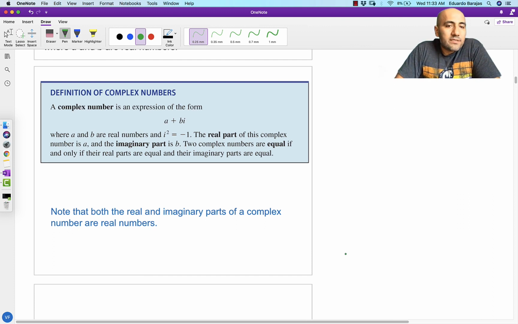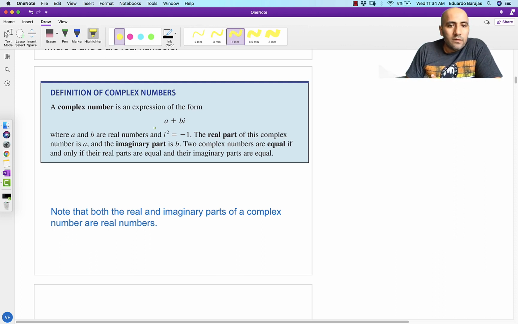Okay, so a complex number is an expression of the form a + bi, where a and b are real numbers, and i squared equals -1. The real part of the complex number is the a out in front, and the imaginary part is the b. Two complex numbers are equal if and only if the real parts are equal and their imaginary parts are equal.